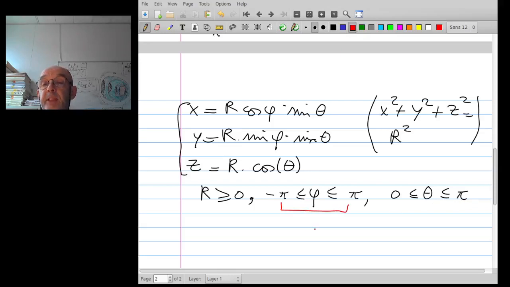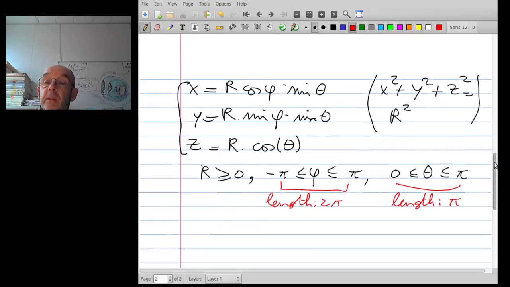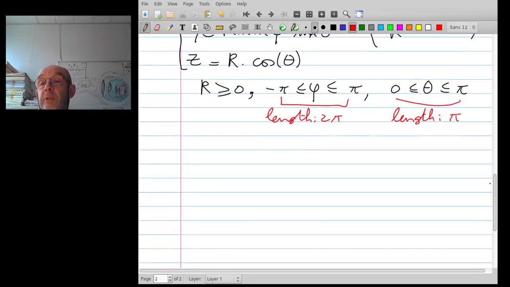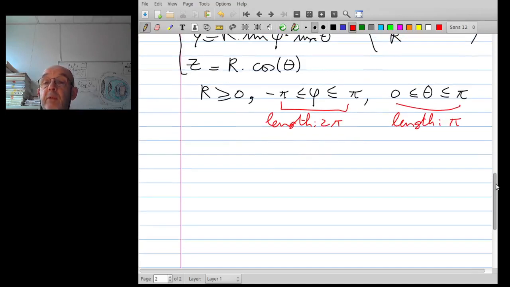So this interval has length 2 pi, and here your interval has length pi. You can also do other things quite well, but let me do this.